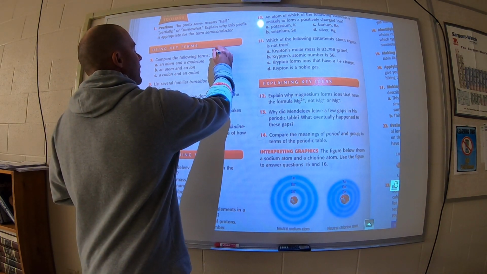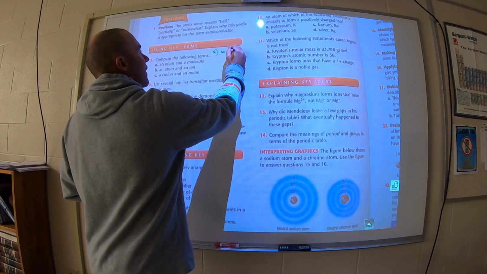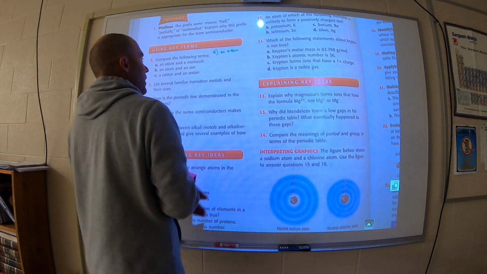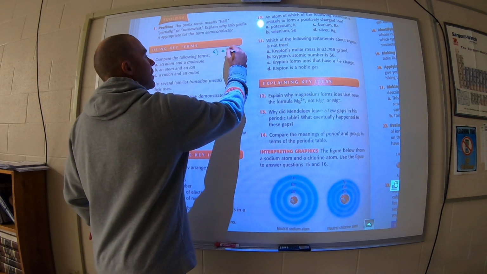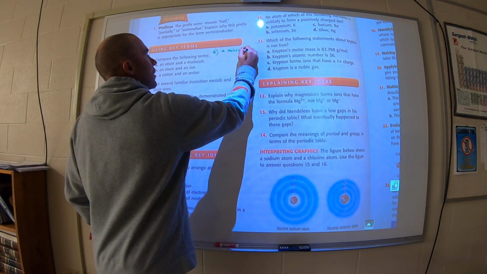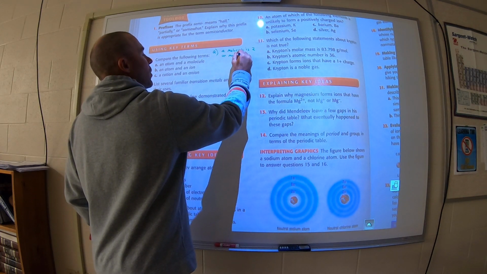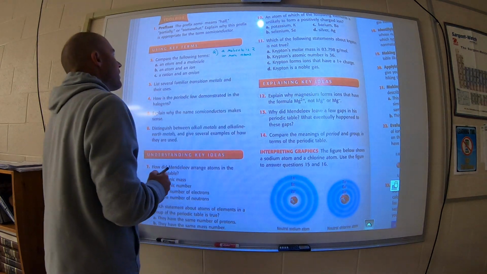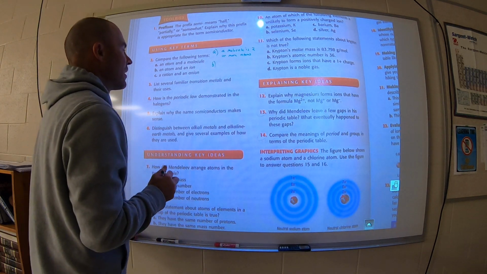So we'll stay on A. Maybe I'll just say it this way: a molecule is 2 or more atoms combined. Letter B, compare an atom and an ion.